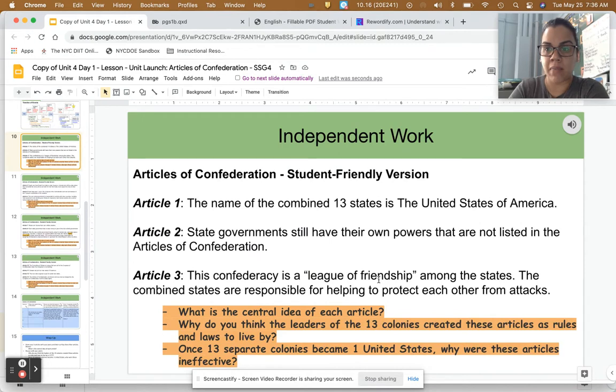What if they decide to battle each other? How are the other states going to choose who to protect? Or what if a state says, you know what? This is not our fight. We don't want to help protect another state from an attack if we don't agree with why they're fighting. What do they do then? Right? All things to consider.